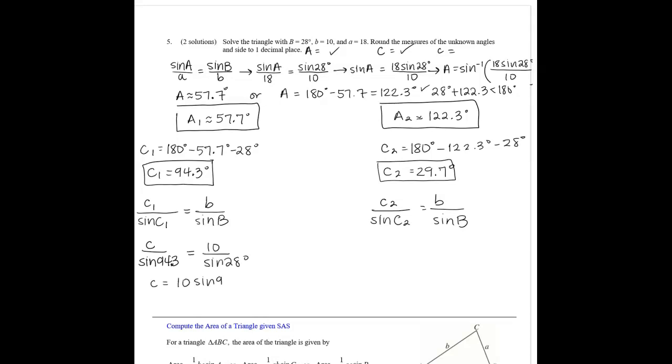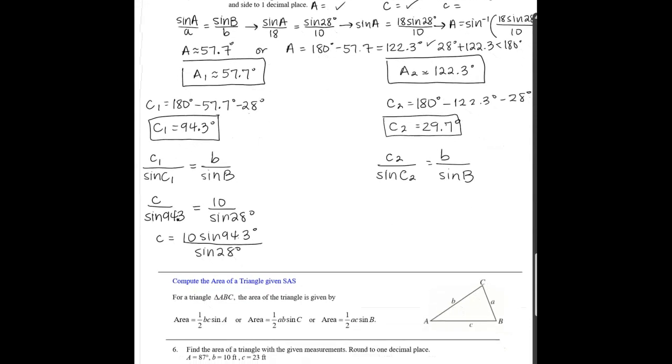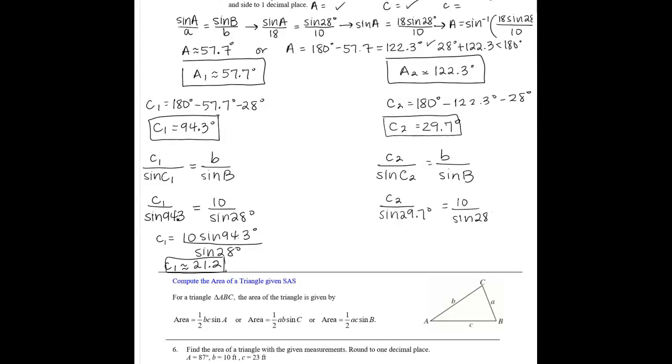I'm going to multiply both sides of this equation by the sine of 94.3 degrees to get that by itself, which leaves me with little c1. The first option for little c1 is approximately 21.2.